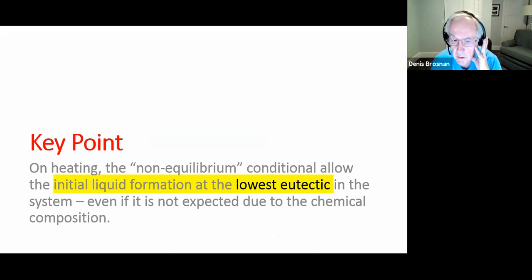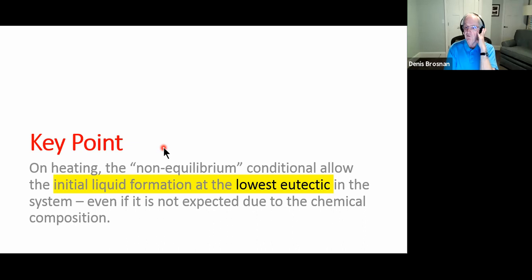On heating a ceramic, we can have non-equilibrium phases form, liquid phase or solid phases. And if it's liquid formation, that's going to happen at the lowest eutectic in the system, even though that eutectic might be out of the bounds of the compatibility triangle for the final composition.